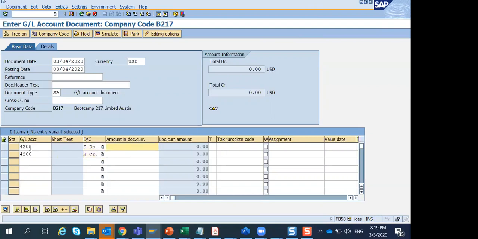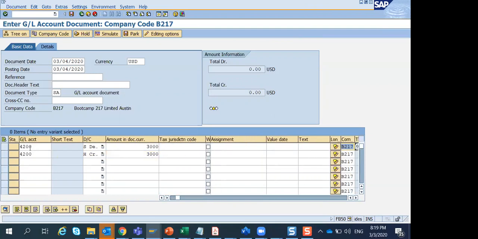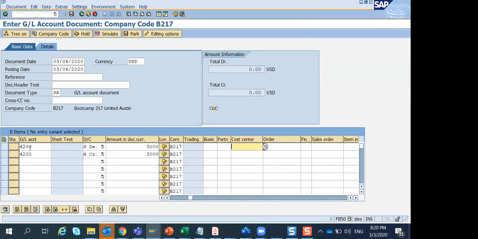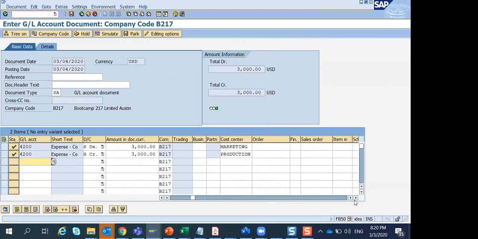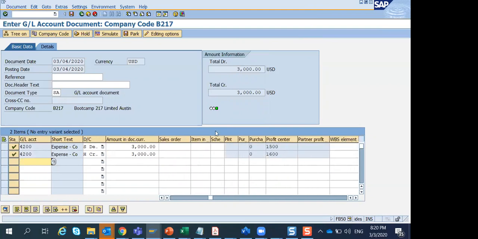Let's say we have $3,000 debit to the GL, same GL account, but the only difference is we're using different profit centers, okay. Same GL account, same amount, different profit centers. One is 15, another one 16.